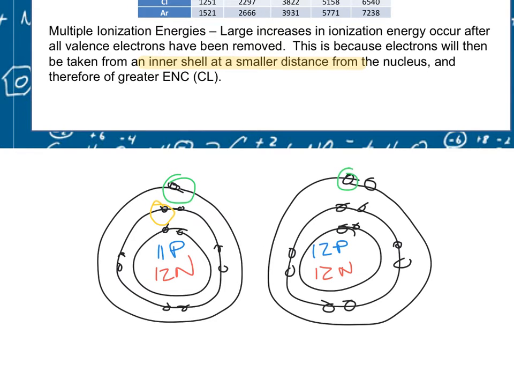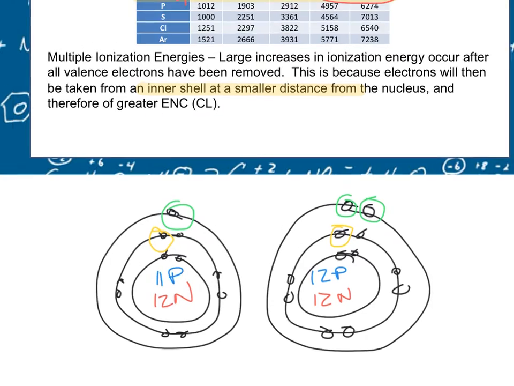For magnesium, you've got to remove 2. Now this second one is still higher than the first one, because going back to the effective nuclear charge video, I said it's kind of a falsehood to say that electrons don't repel each other. They do. We've still decreased our repulsion a bit, but we decrease our repulsion a lot when you go and try and remove this third one, because now it's an inner shell.